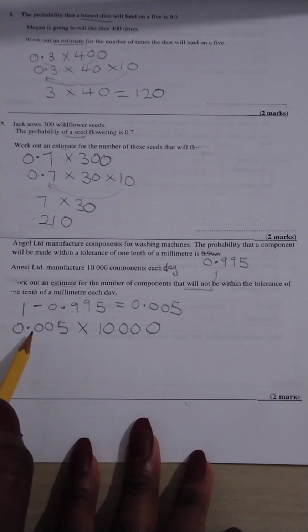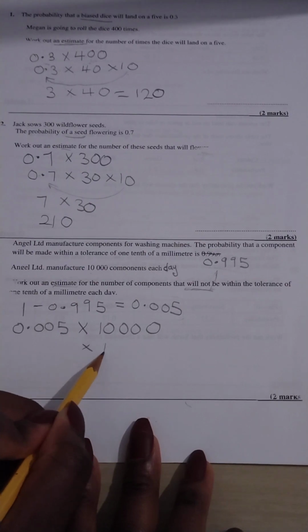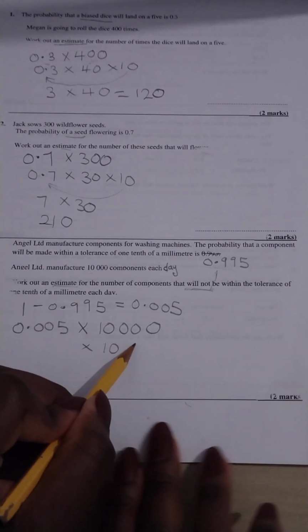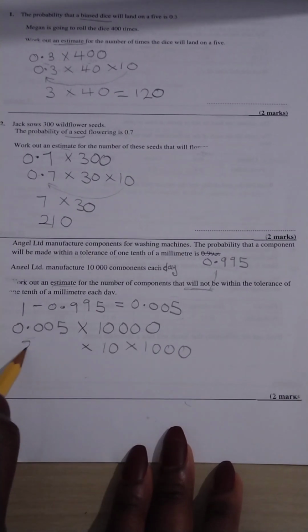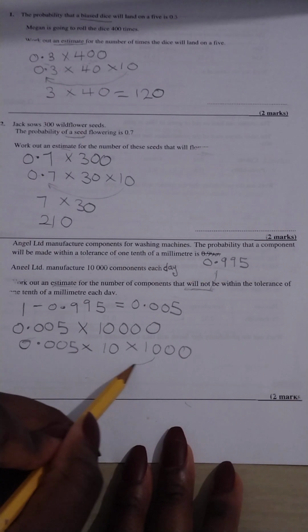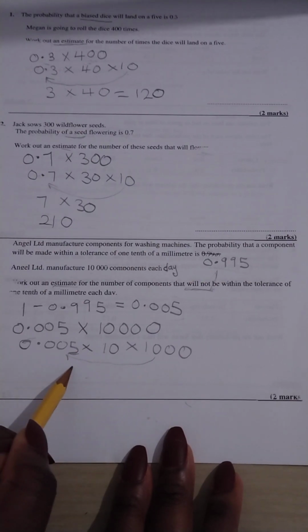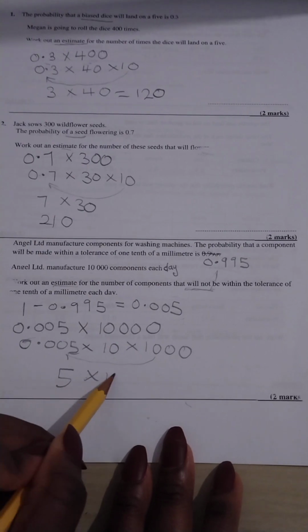So that means that 10,000 is the same as 10 times 1,000. So we've got our 0.005 here, and 1,000 multiplying that makes it 5, then times that 10.